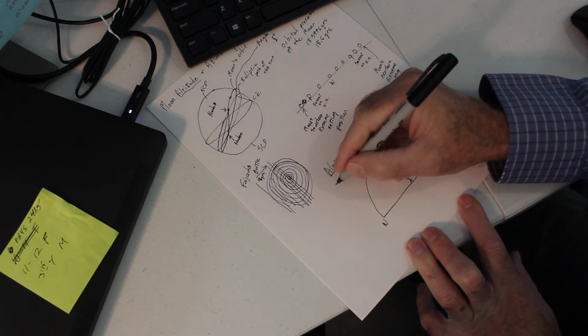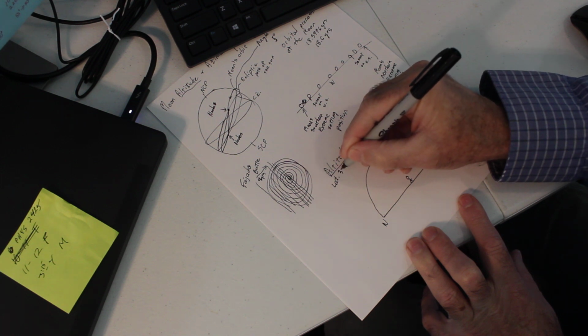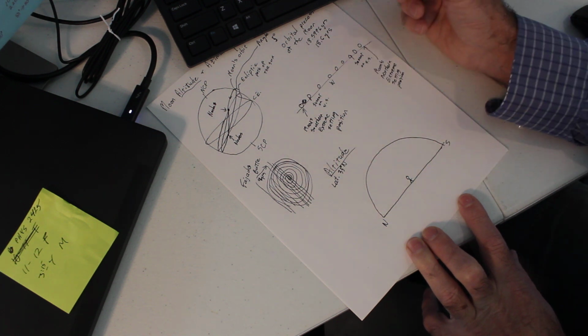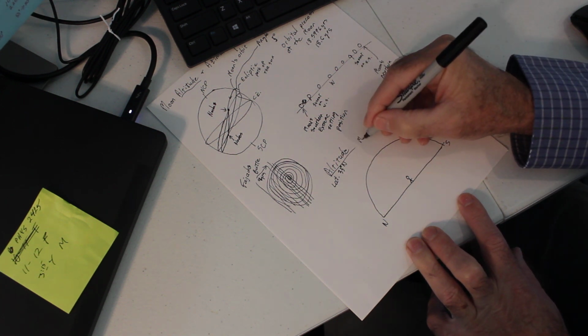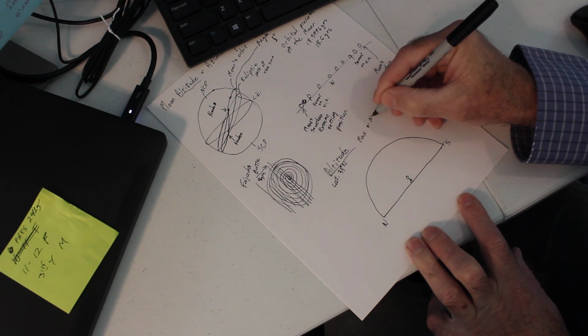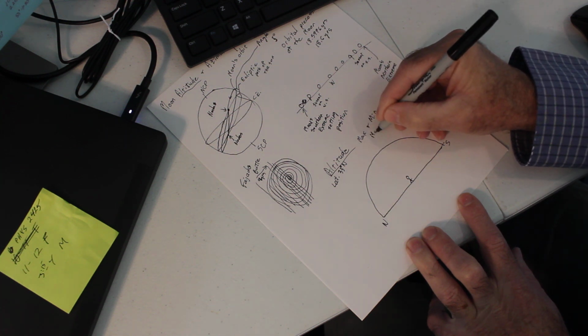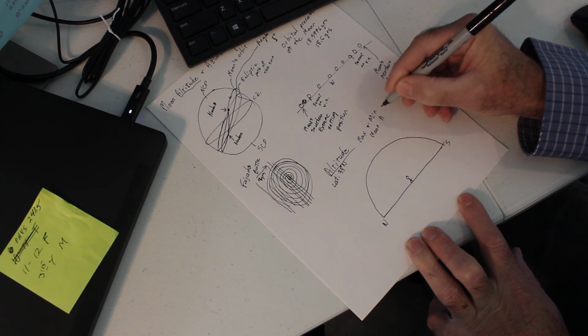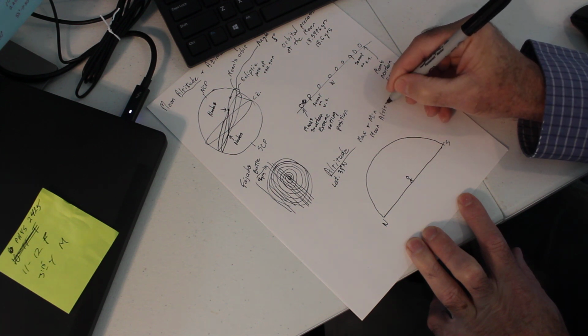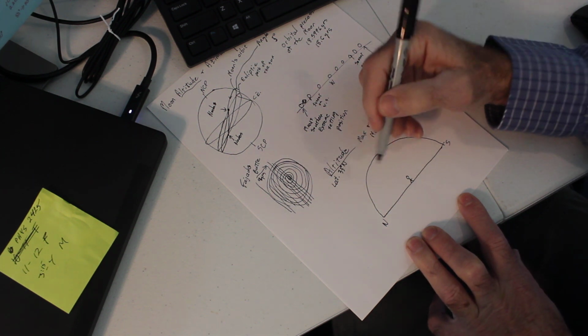Okay? So let's do it from latitude 33 degrees north. We want to figure out the maximum and minimum moon altitude from this position.